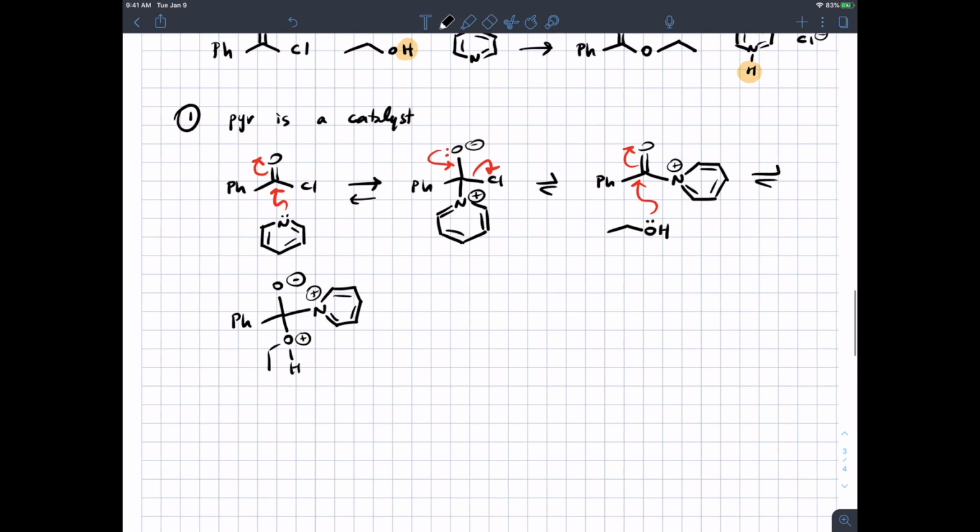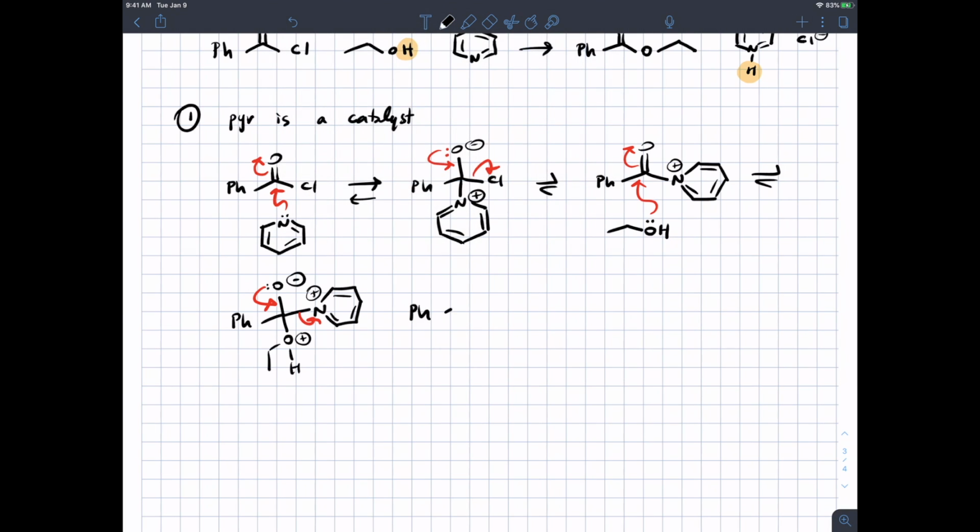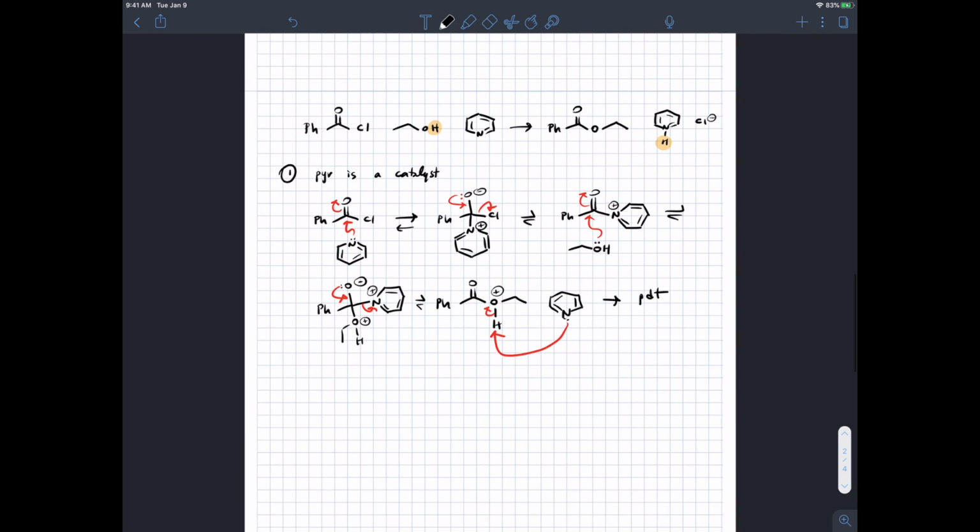And lastly, we kick off the pyridine as a leaving group. And then finally, we're going to use pyridine as a base to, oops, I like to use red arrows, can't forget to switch, to remove that proton, and that will get us to products. All right?